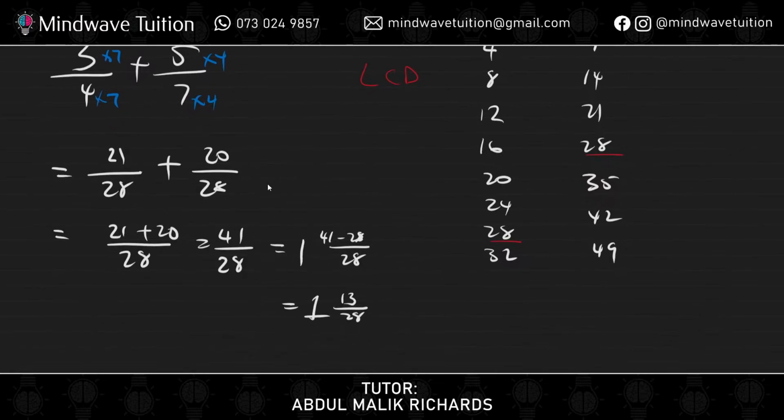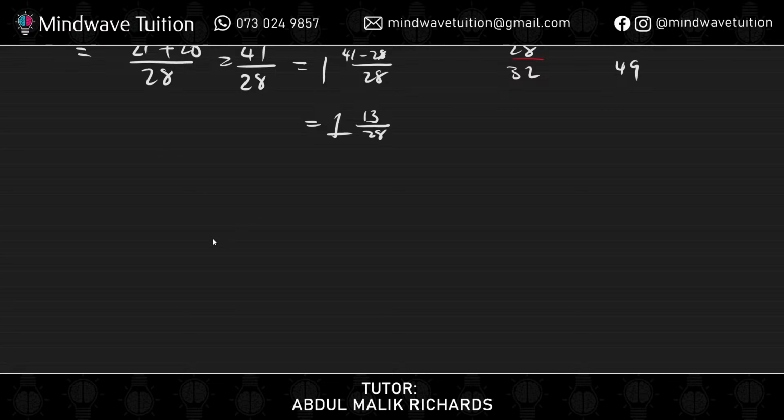Now there is an easier method when it comes to having two fractions. So let's do something like 5 over 6 plus 1 over 4. We can write the multiples out, the multiples of 6 and of 4, and we get our LCD. But there is something else that we can use, which is called the butterfly method.